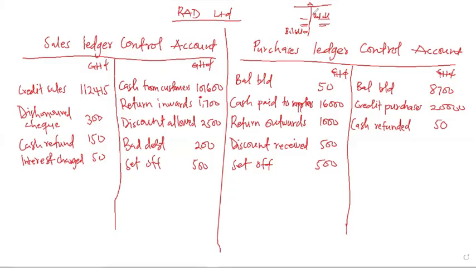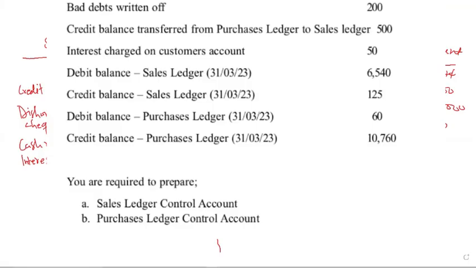So we are saying this account A has a debit balance because of this balance brought down on the debit side, not the balance carried down. That is what it means. So when you have a question and they are saying that a debit balance in the sales ledger control account, then it means that amount has a debit balance. The balance brought down will be on the debit side. That is what it means.